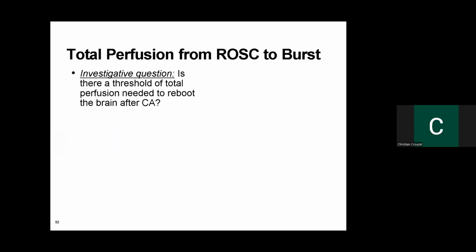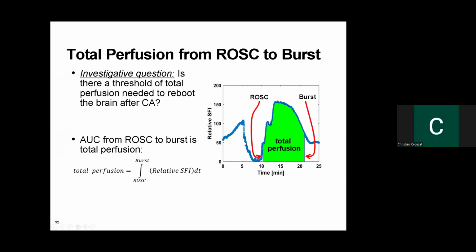So we wanted to see, is there a threshold of total perfusion from resuscitation to when that burst occurs? Using the relative blood flow signal, we did the area under the curve to look at the total amount of blood that the brain received from the moment of resuscitation to when that burst occurred.